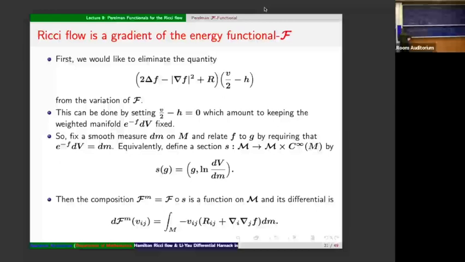Okay, we can find the derivative of this. Just hold on, so that we see. Okay, we use the variation of e to the minus f dv.